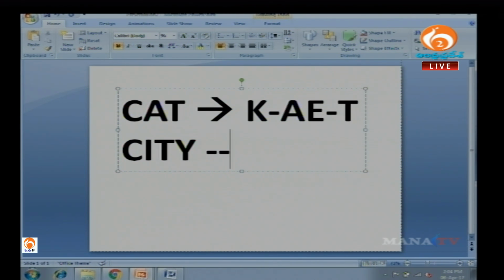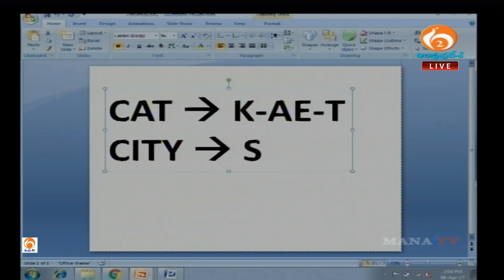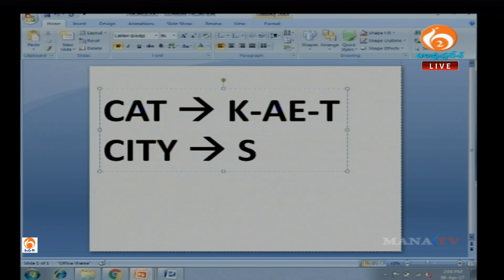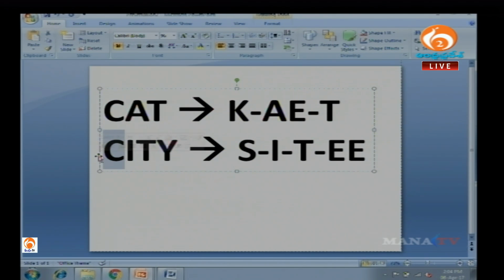If I have to break the second one, it starts with the s sound, then you have the e sound, you have the t sound, city. So we have an elongated e. If you pay attention, the first letter in both the words is the letter C, but the pronunciation is different. One starts with the k sound, cat, the other one starts with the s sound, city.